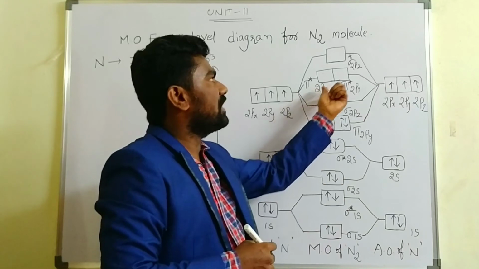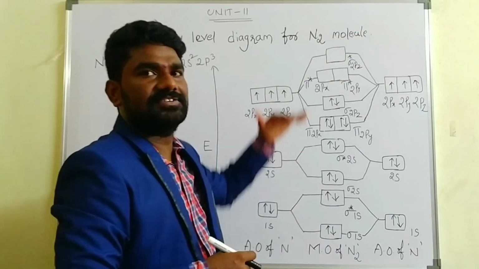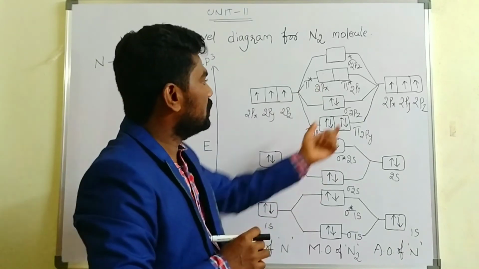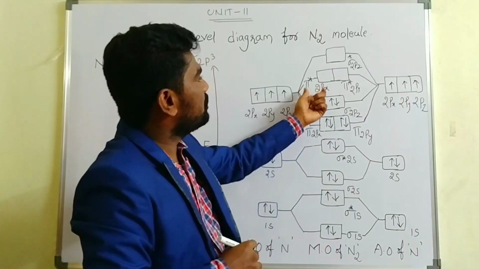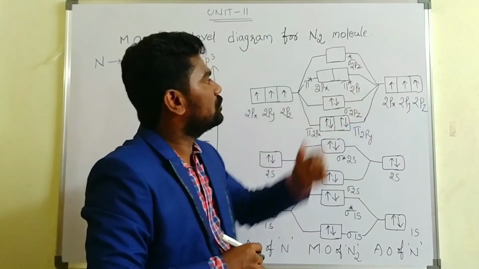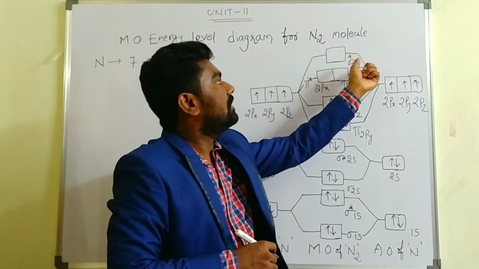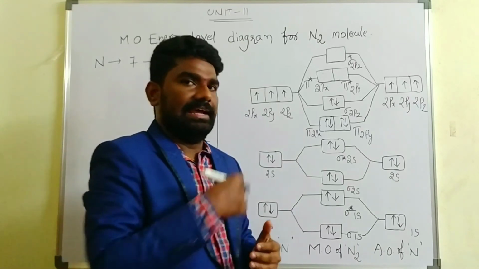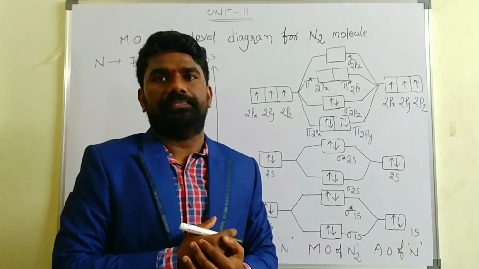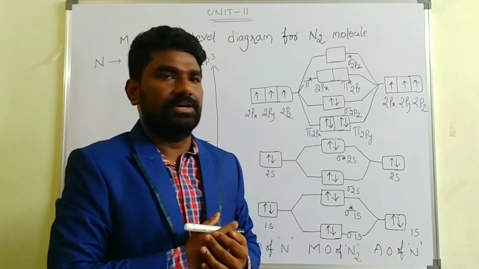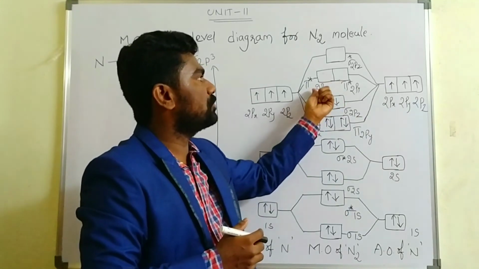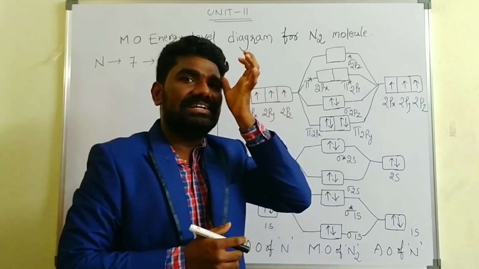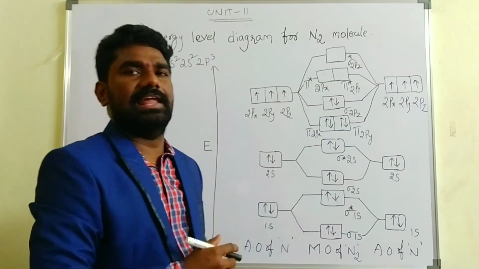And here we don't have any electrons to fill. The electrons are all completed up to sigma 2pz. So pi star 2px, pi star 2py and sigma star 2pz are the anti-bonding orbitals and empty. There are no electrons, so we can say 0. Pi star 2px 0, pi star 2py 0 and sigma star 2pz 0. We need to write like this.